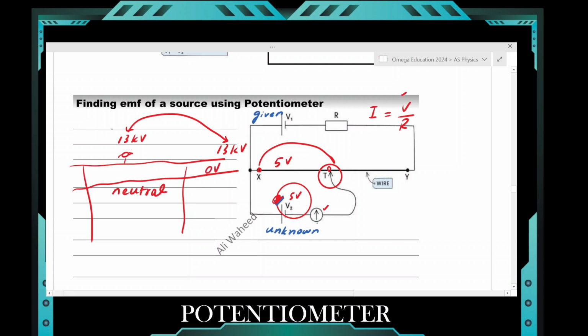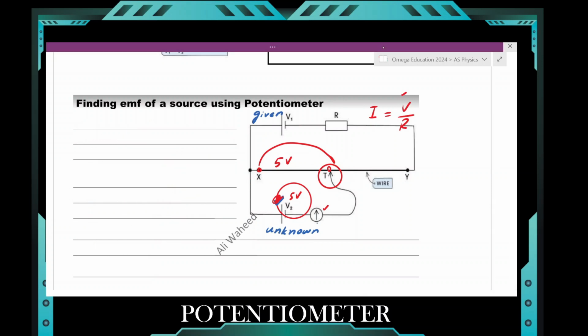How much? 13 to 0, it would be 13,000 volts. That potential difference would be disastrous. And if you're at the same potential, no current would be flowing. So this is exactly the same principle we use in the potentiometer.